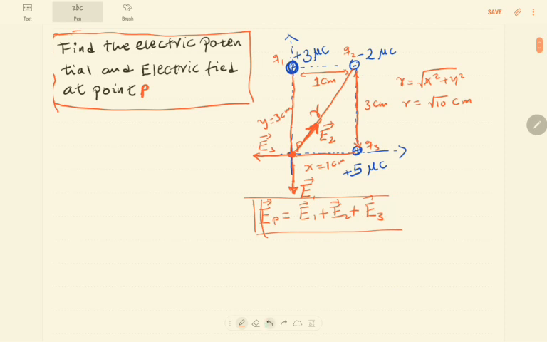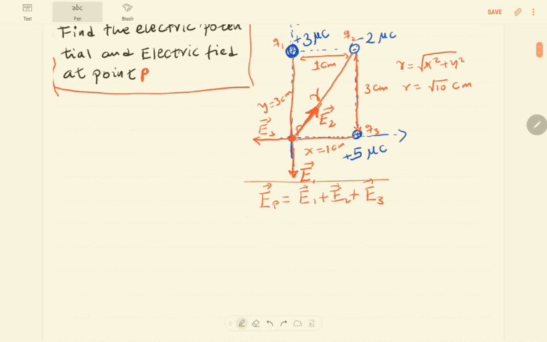ሶ ከE1 ስንነሳ, here E1, as you see, first we need to find the magnitude of E1. So the magnitude of the electric field is simply the electric constant Ke, the Coulomb constant, times Q1 divided by the distance between the point and the charge, y, squared.